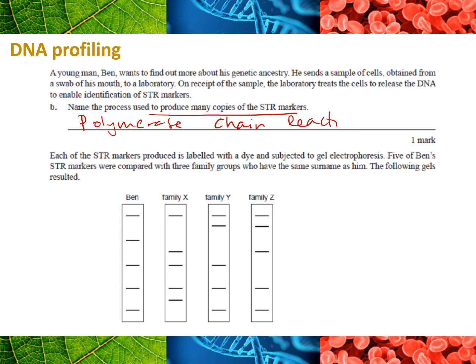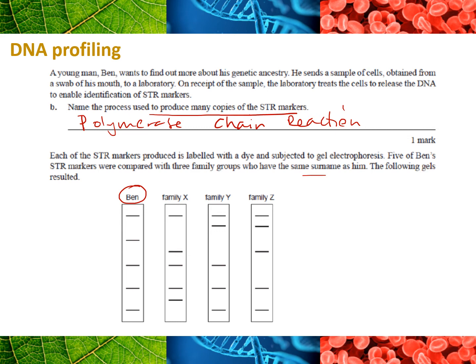Often with these kinds of ancestry investigations, they will compare the DNA of the person that is asking for it to be tested with other family groups, often with the same surname or that they think would be related. In this question, it asks which family is most closely related to this individual.